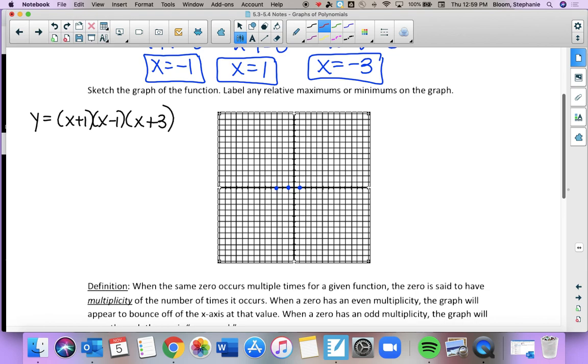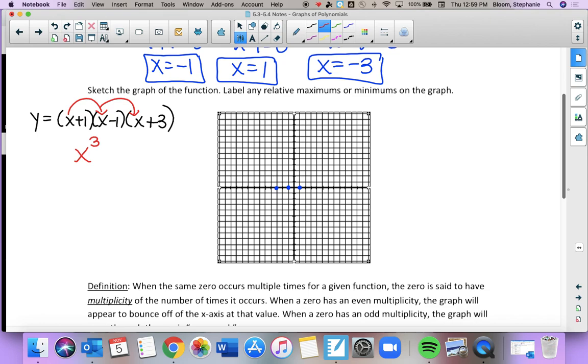And so to be able to determine end behavior, I've got to know my first term. So how could I, if I'm in factored form, figure out my first term? Yeah, just multiply all your first terms together. So what do you get when you take x times x times x? X cubed. Okay.